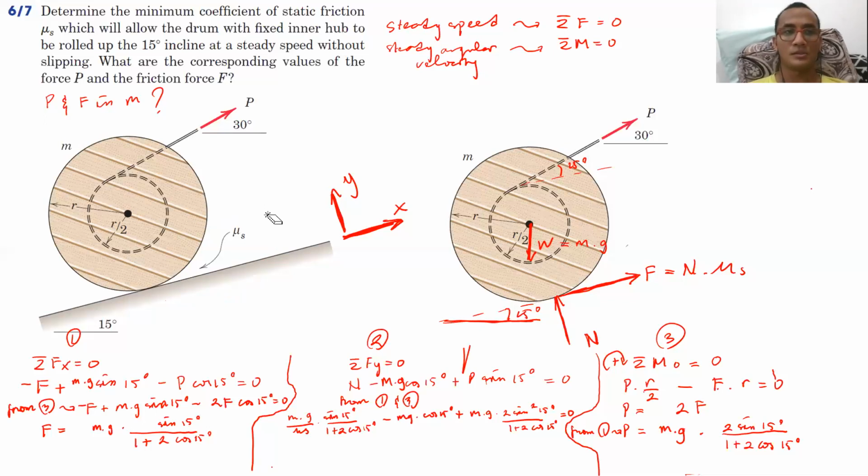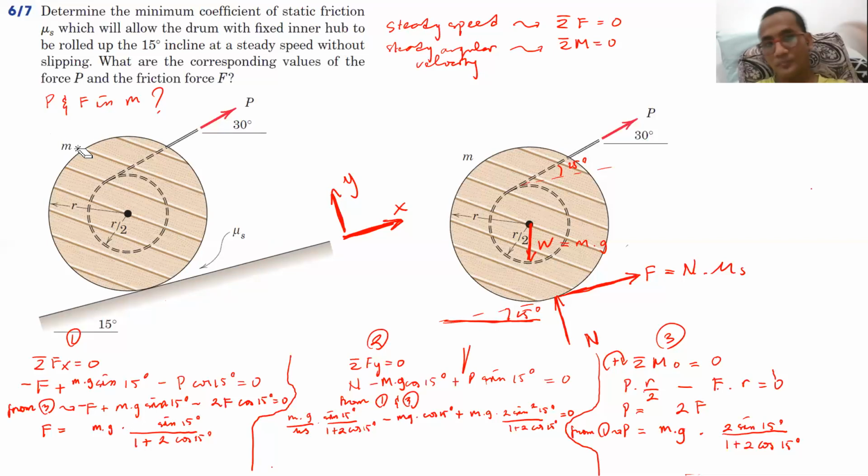Okay, so for the pulling force P and the friction force F, at the end, the results are supposed to be in terms of m, the mass of the drum, and g, gravitational acceleration.